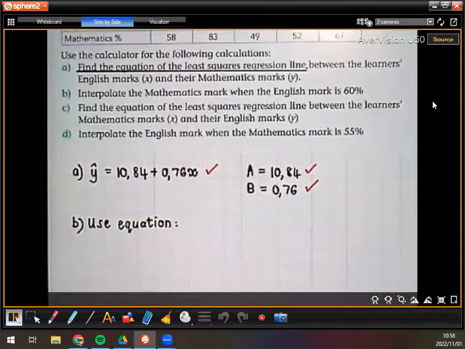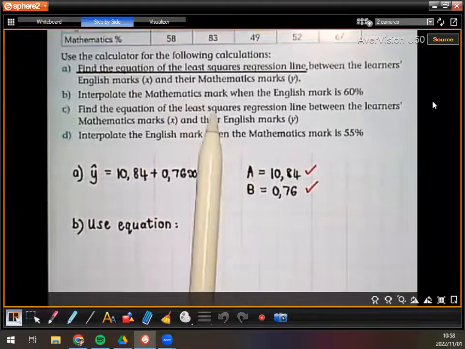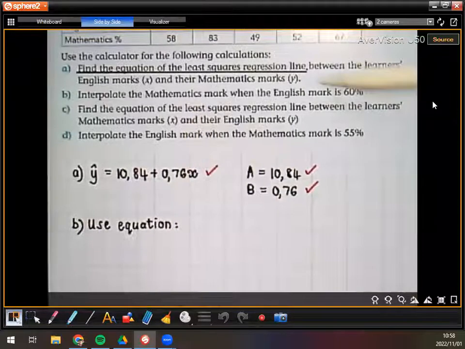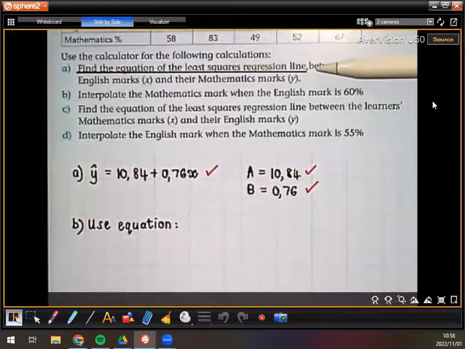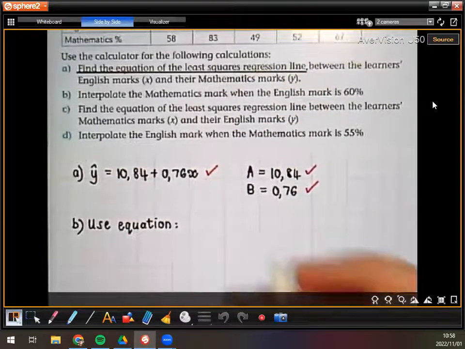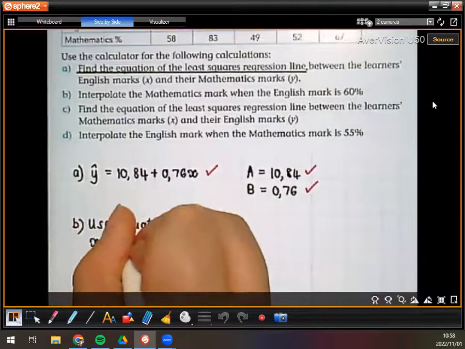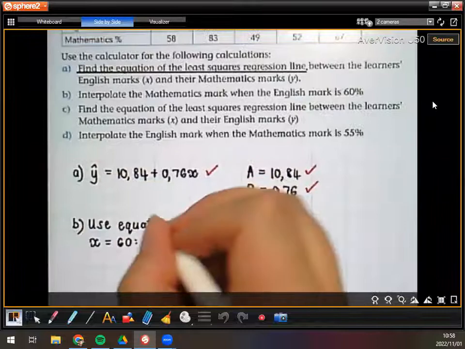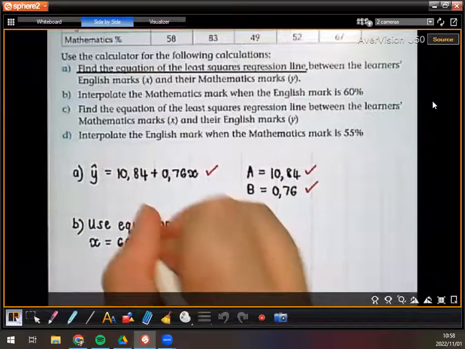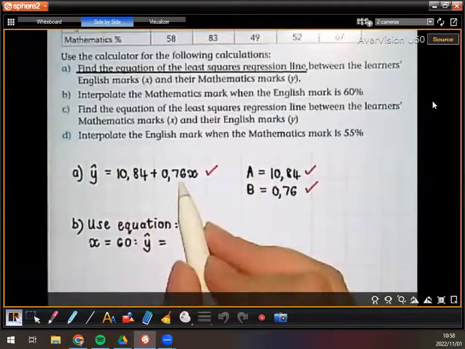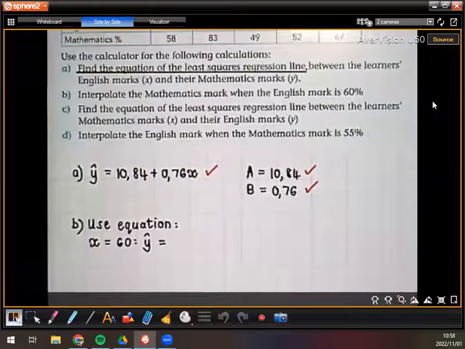They asked for the maths mark, which is Y. So they are asking for the maths mark Y when they've given us the X value. So we're going to just write here X is 60. And now we can use our equation that we got up there. Guys, this will be CA, so if your equation is wrong, but you sub in 60 into it, you'll get full marks for B.